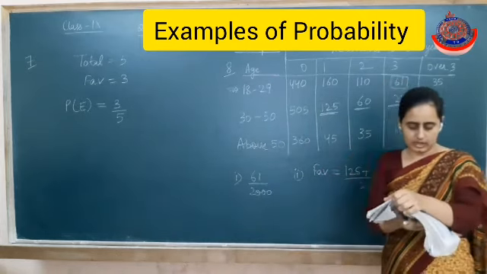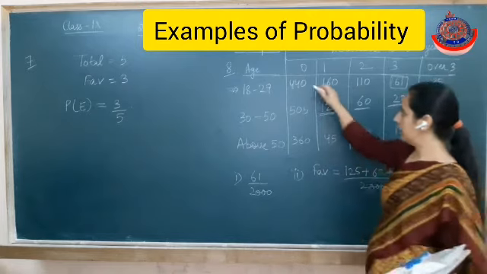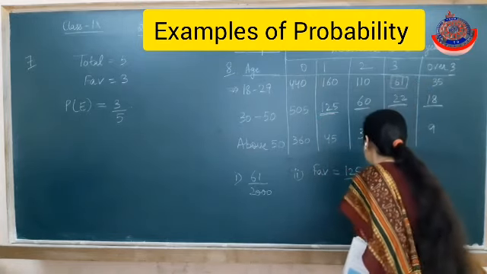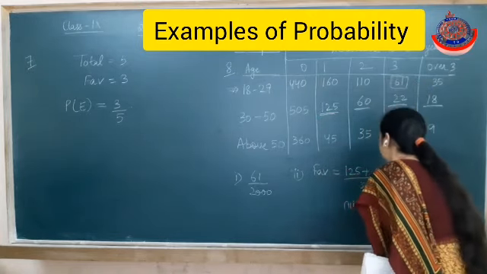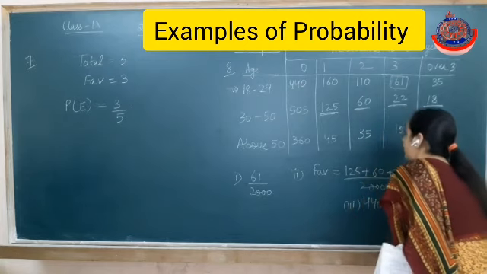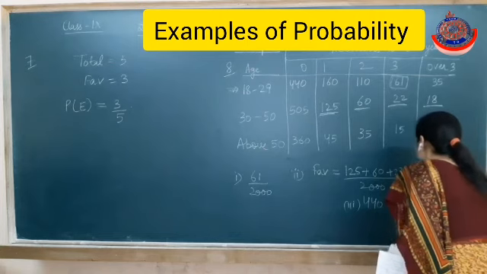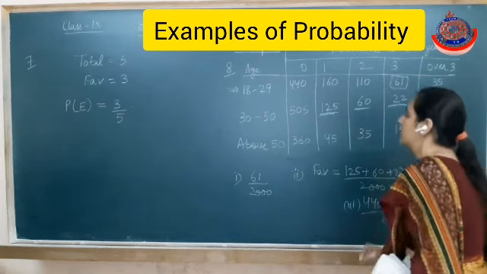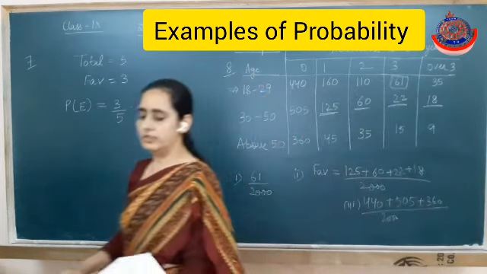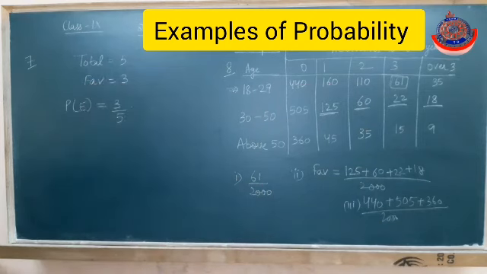So the answer would be, after adding all these, we are getting the third part upon 2000. So this way you have to solve the different questions based on probability.